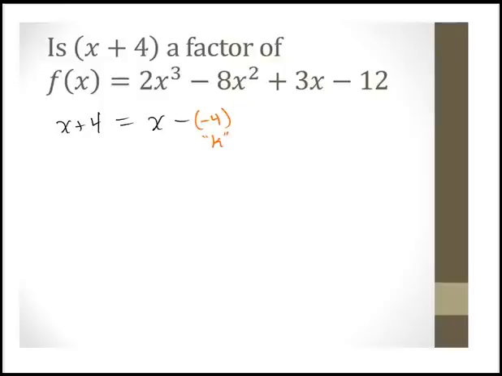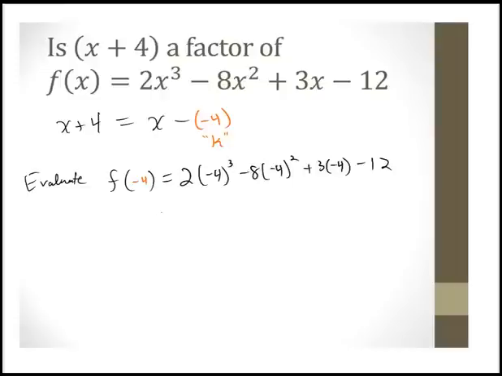Let's evaluate f of negative 4. F of negative 4 would be 2 by negative 4 cubed minus 8 by negative 4 squared plus 3 by negative 4 minus 12. That would be 2 by negative 64 minus 8 by 16 plus 3 by negative 4 minus 12. That's negative 128.